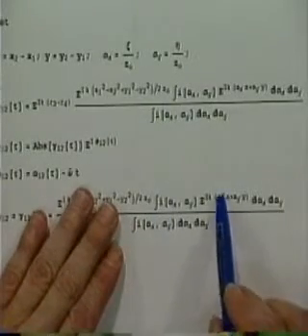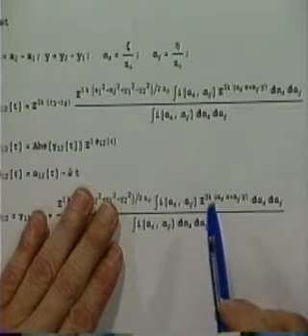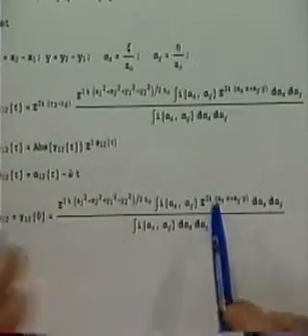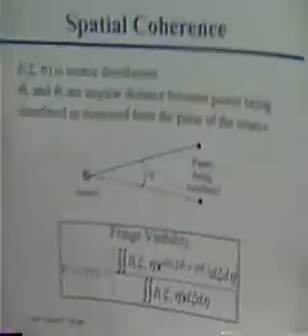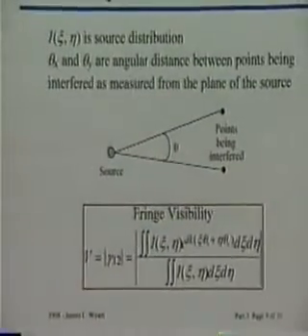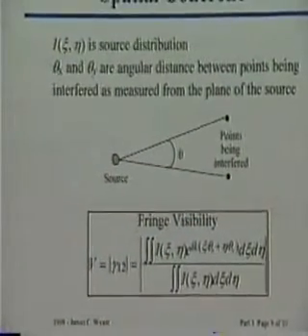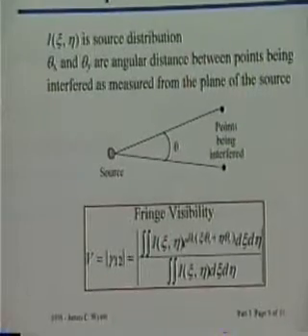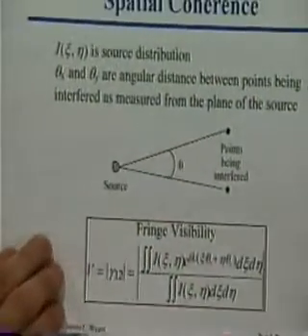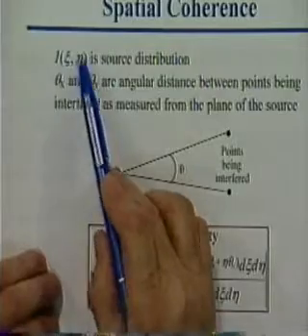I'm going to repeat this equation, but I'm going to write it a little bit differently. And this comes from one of the view graphs. Again, we have a source distribution I of ξ and η.